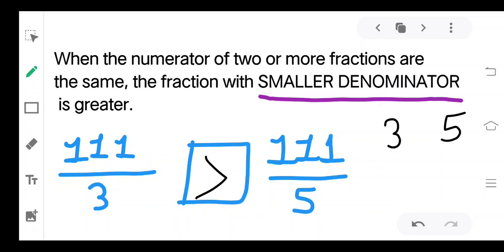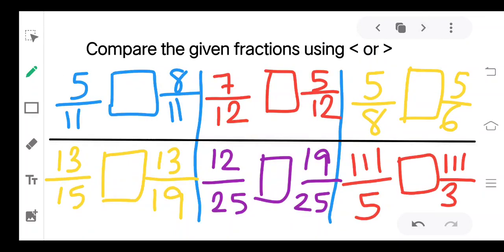Now let's solve some sums. In our first example, we can see the denominator is the same, so we compare the numerators, and 8 is greater than 5. Same for example 2, 7 upon 12 and 5 upon 12.